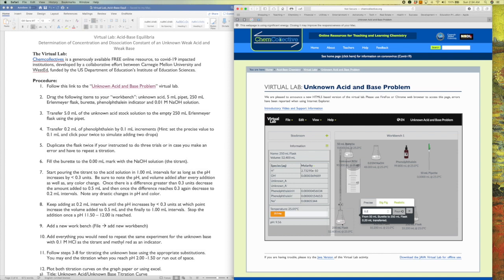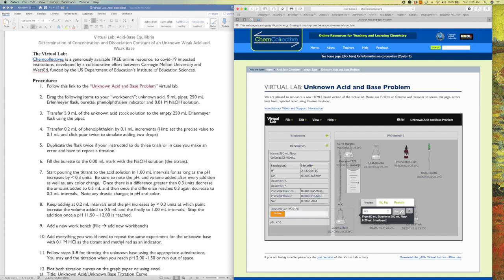So it has turned pink, and so we've reached the end point, but we will take this to a pH of, I'll try to get to 11.5. If we get to 11.5, that would be good. But anywhere in the range of 11 would probably be fine.